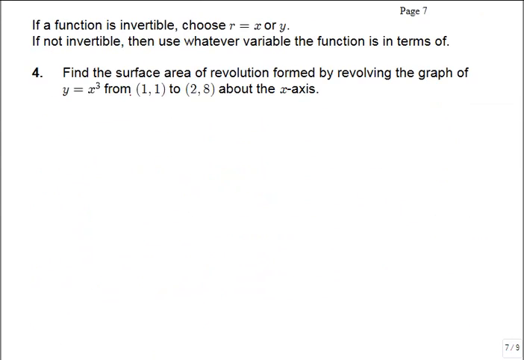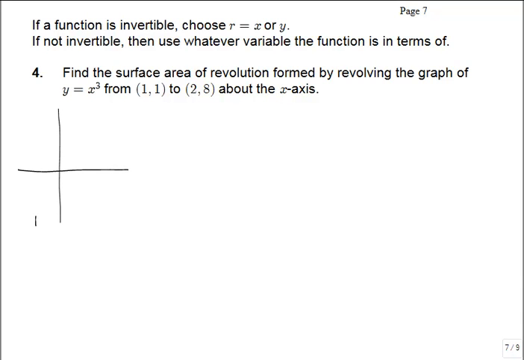So, suppose that you want to find the surface area of revolution formed by revolving the graph of y equals x cubed from (1, 1) to (2, 8) about the x-axis. Okay, so let's draw this picture first, and then we'll talk about which version of our formula we're going to use.